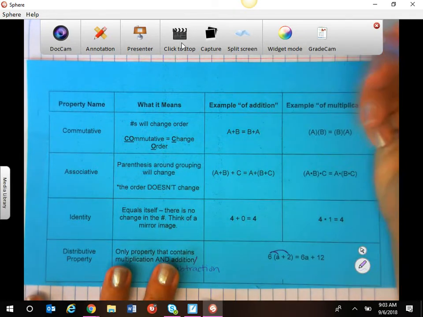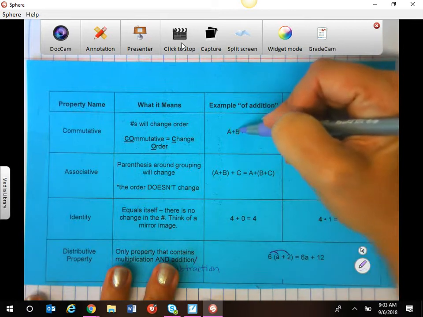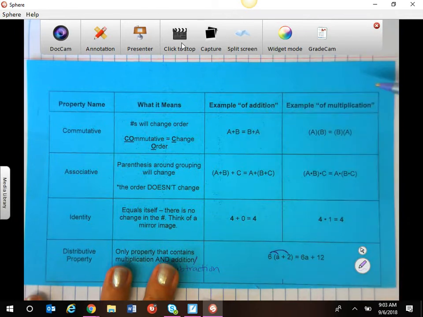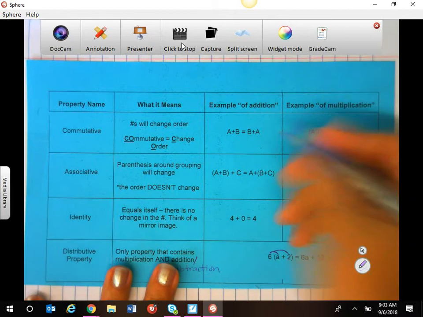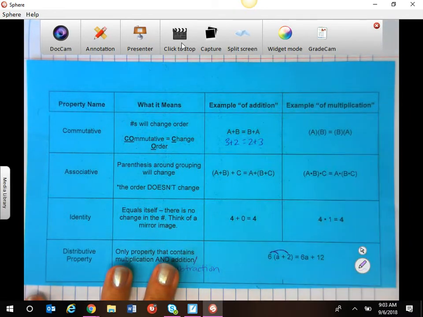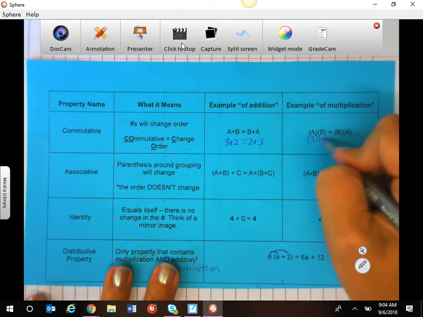So if A is from home to work, then after work, they go from work to home. It means the same thing. And we can do this in addition and multiplication. Because if I said 3 plus 2, that is the same as 2 plus 3. So in addition, and even in multiplication, we can switch the order.